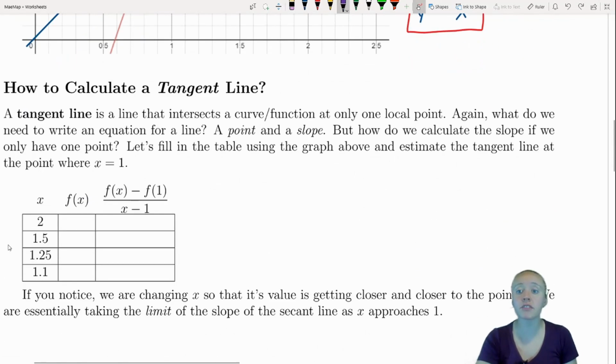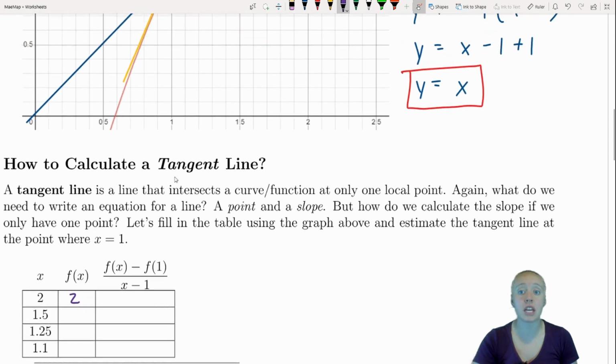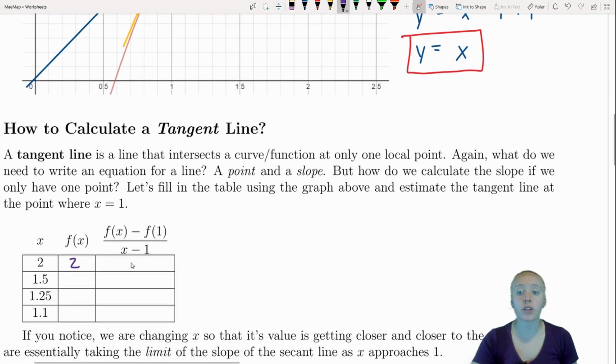So lucky enough for us, we already calculated when the x value was 2. Remember, when the x value was 2, f of x, our y value, was also 2. And 2 minus our function at 1, which is 1, over 2 minus 1, the x value minus 1, we got 1 over 1, which gave us 1.